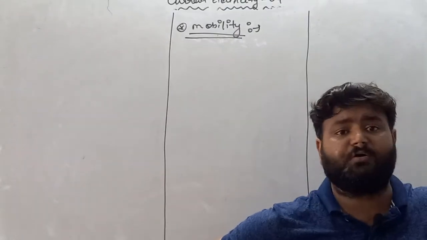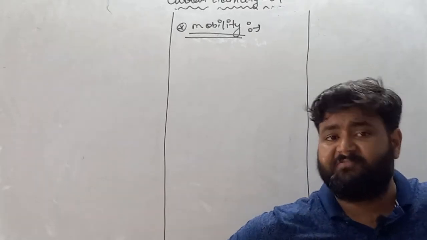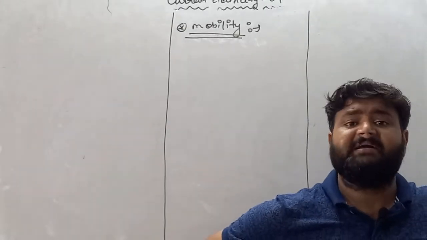It is the ratio of the drift velocity of a free electron and the electric field.